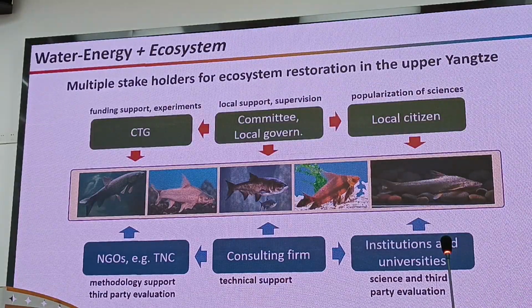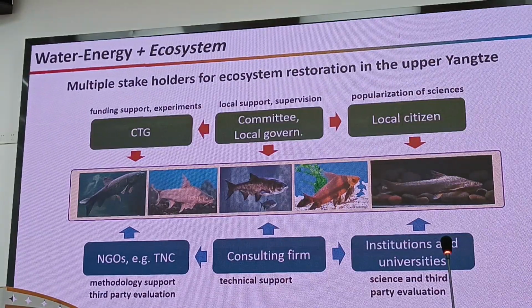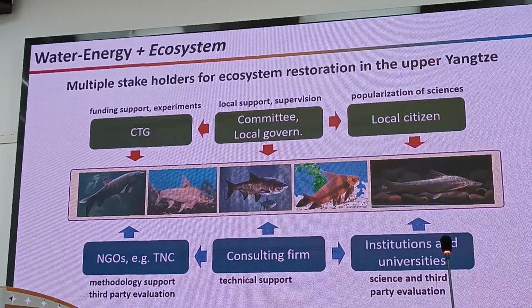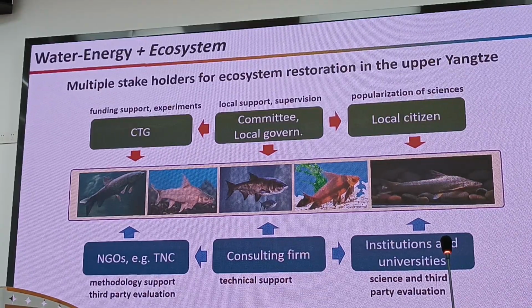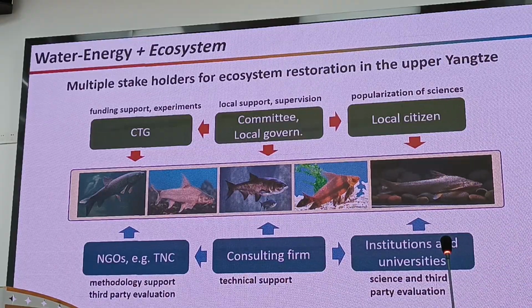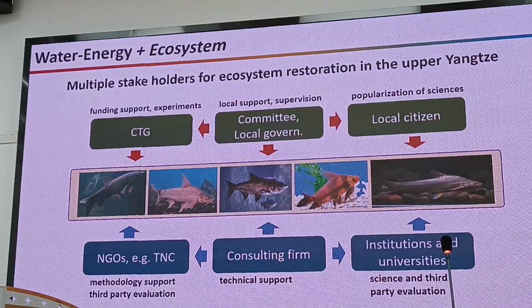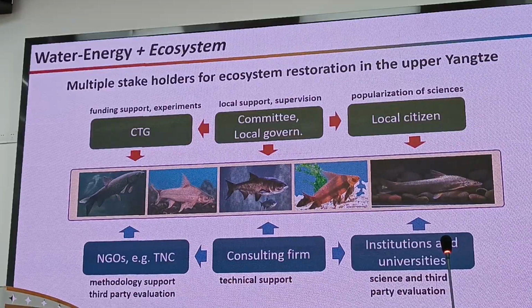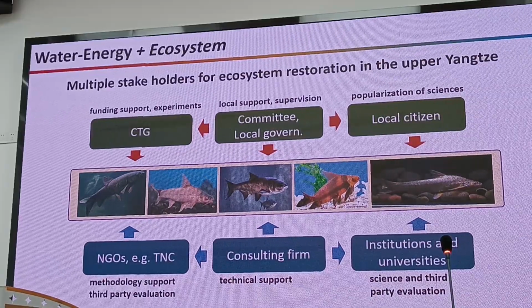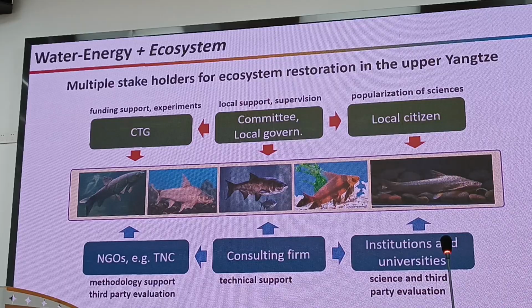So there are multiple stakeholders for ecosystem restoration in the Green Water Reservoir. One is the CDG. They try to pay some money. It's not normal for a lot of the hydropower industry. They pay a lot of money for ecological restoration, like Hydro-Quebec, where I used to be, and EDF.